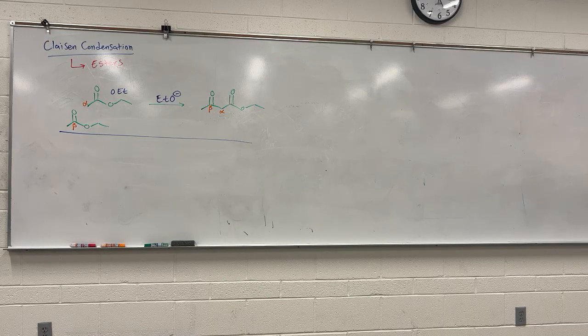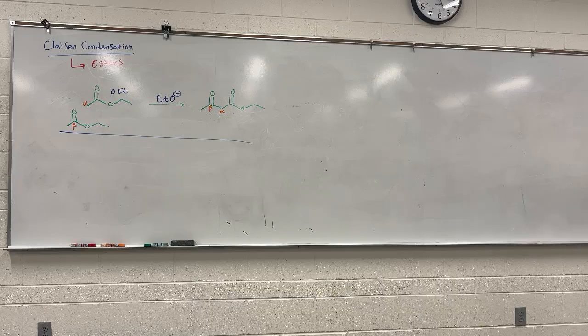I don't know that you'll see this on the practice exam, but we talked about with the mechanism last week, the product of this reaction is far more acidic than the starting materials. And if the starting material's alpha carbon was deprotonated, then the product's alpha carbon will be deprotonated.